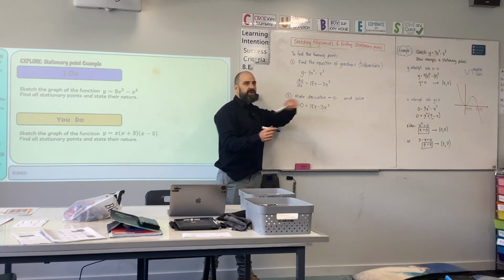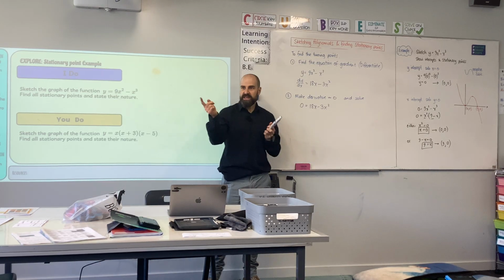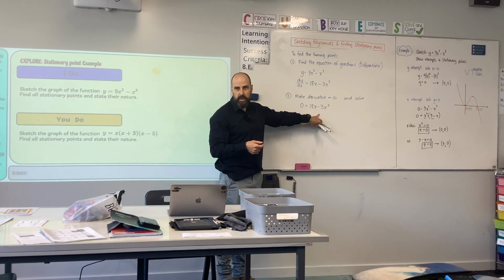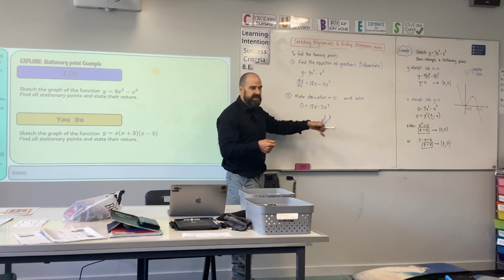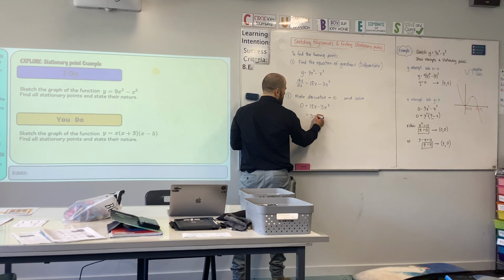Okay, how do I solve a quadratic? Factorise it using the null factor law, or you can use the quadratic formula. This one's going to be easier to use the null factor law. Highest common factor is 3x.